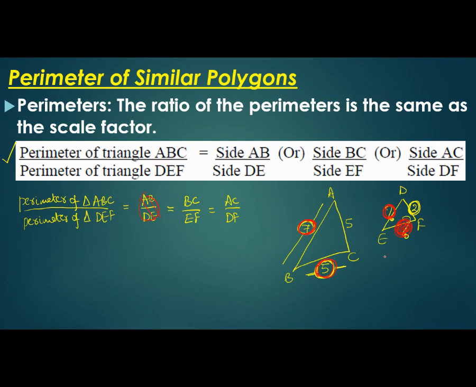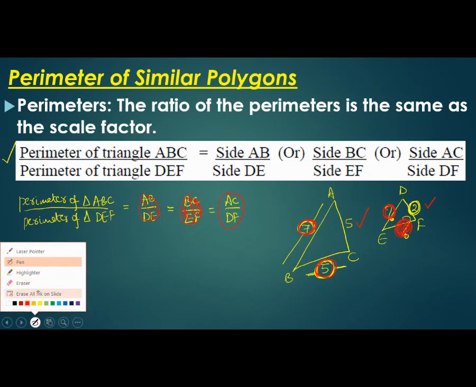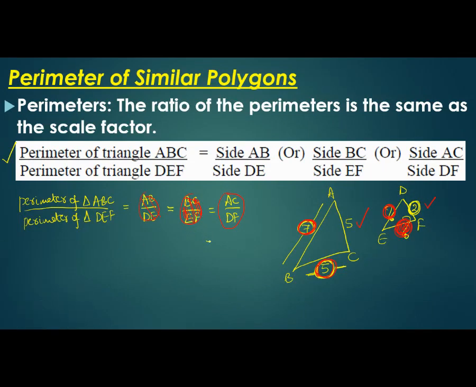No. So BC over EF is also ruled out. Then, do I know the AC value? Yes. Do I know the DF value, the corresponding side? Yes. Therefore, I can go with this one. AC over DF means AC is 5 and DF is 2.